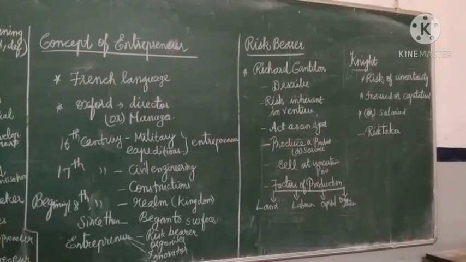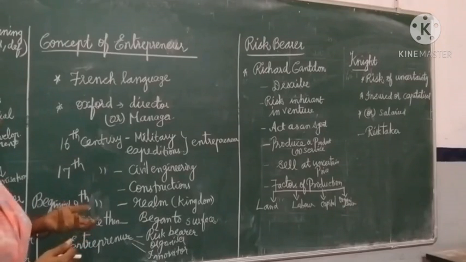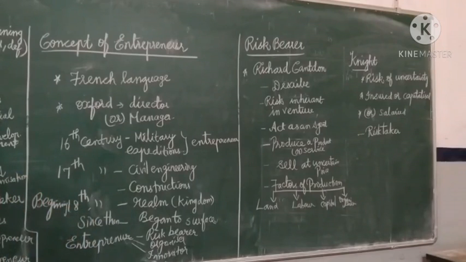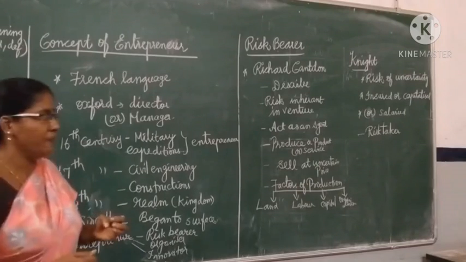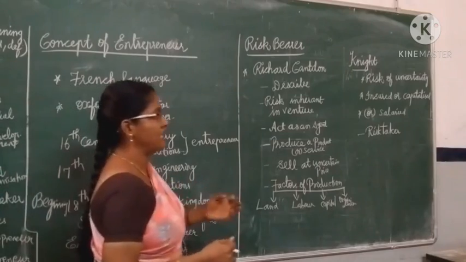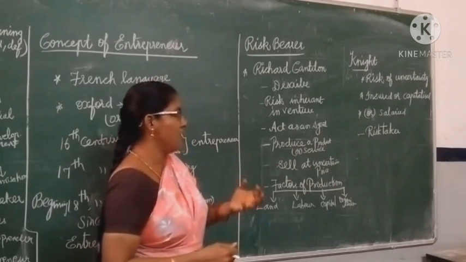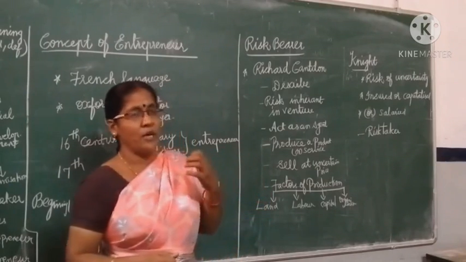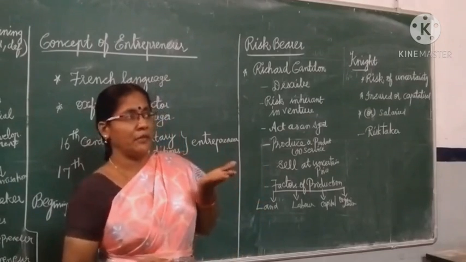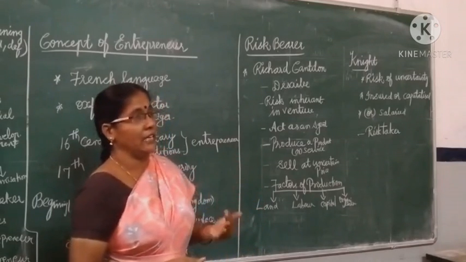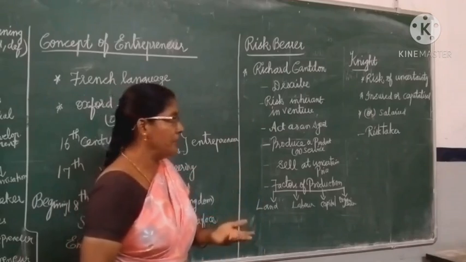What is the definition given by Richard Cantillon? He describes that the entrepreneur must face the risk. The risk is inherent in the venture. So the entrepreneur must act as an agent in the business, and he will produce a product or services, and the obvious risk is that he can sell only at an uncertain price.